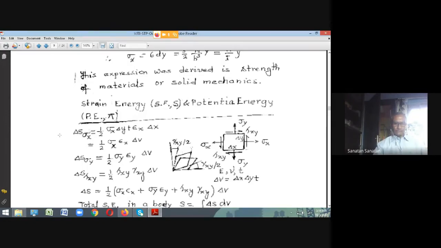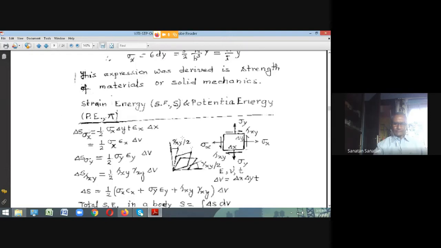So it's half sigma x into delta y into t multiplied by deformation, which is epsilon x into delta x. So that's the deformation. So therefore, strain energy due to sigma x is half sigma x epsilon x, and volume of the element is delta x delta y into t. So that's actually the potential energy due to sigma x stress.